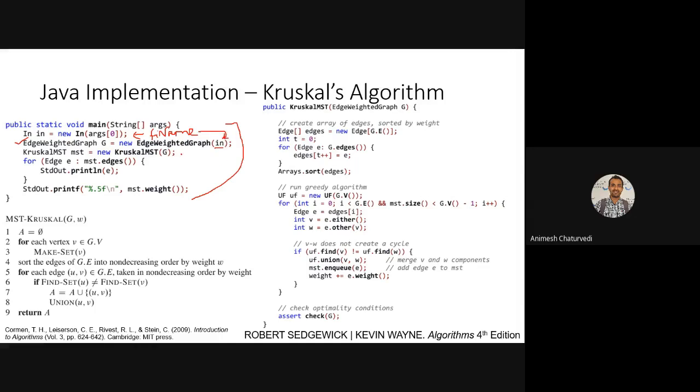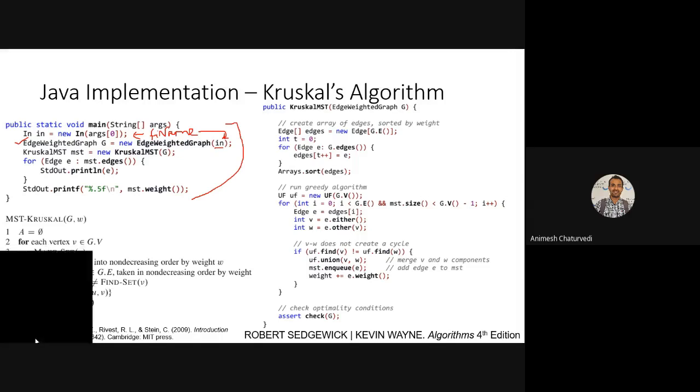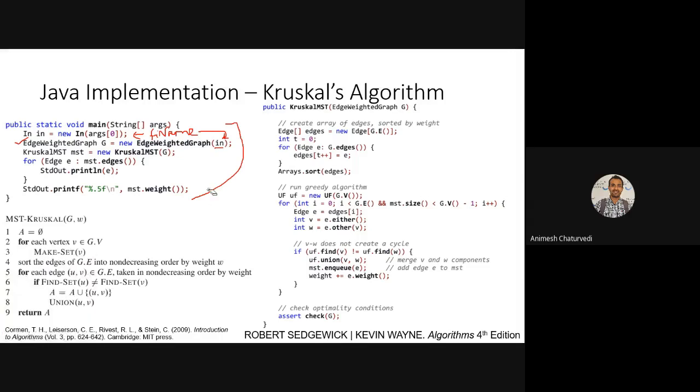Then in this whole thing, you are calling Kruskal as the most important part. So we are interested in discussing this. And this is just a print statement, nothing else.